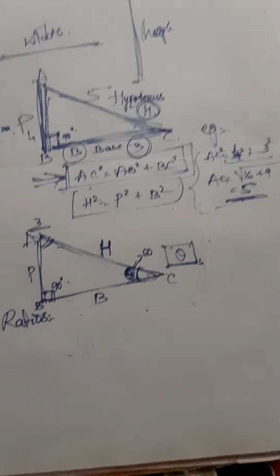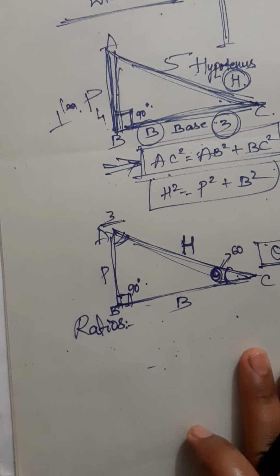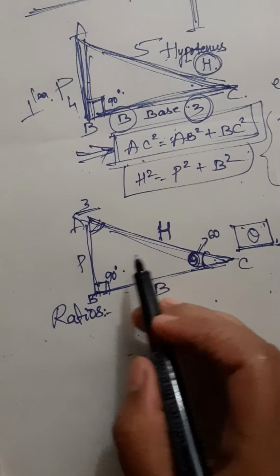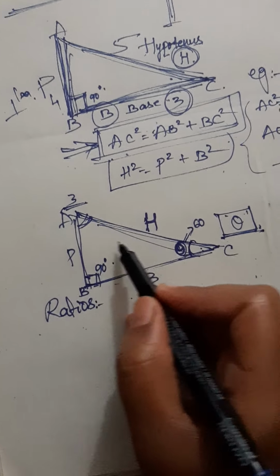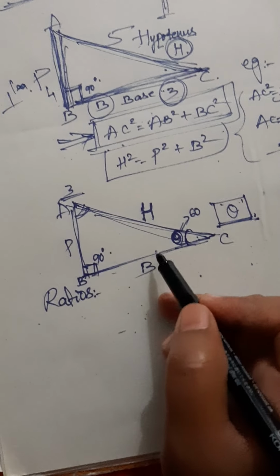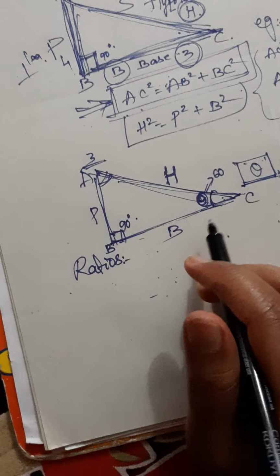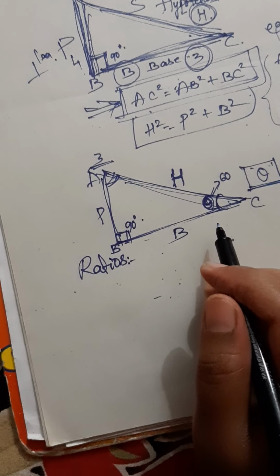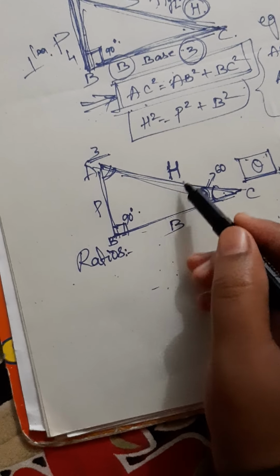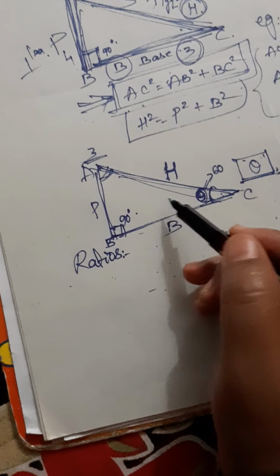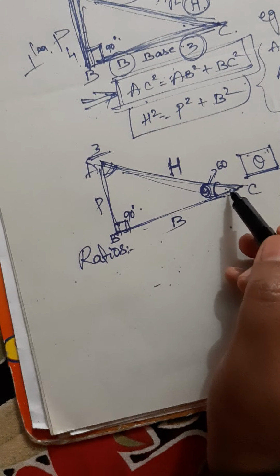Now, can we take the ratio of the sides, which are defined as trigonometric ratios? These three sides we have, can we take the ratio of these sides? Any ratio, like perpendicular divided by hypotenuse, is AB divided by AC.